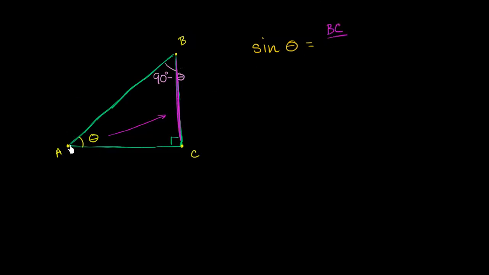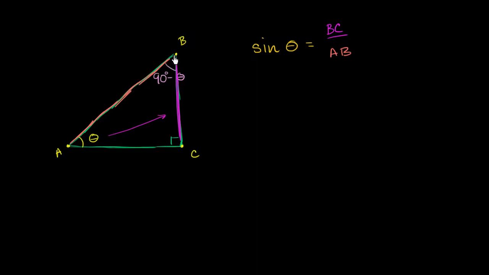The hypotenuse is side AB, so the length of BC over the length of AB. Now, what is that ratio if we were to look at this angle right over here? Well, for angle B, BC is the adjacent side, and AB is the hypotenuse. From angle B's perspective, this is the adjacent over the hypotenuse.